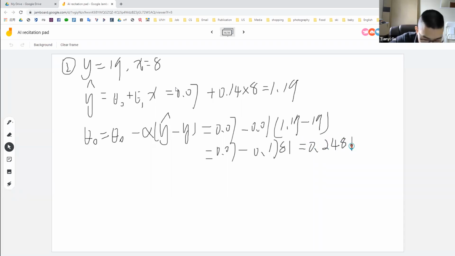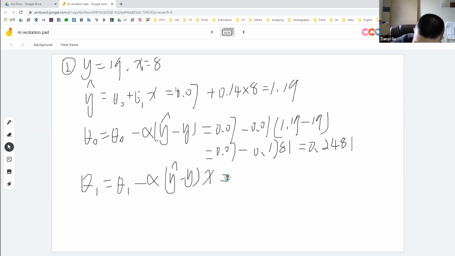This is 0.07 minus, so I already have this, 0.1781. So that is 0.2481. And then for theta 1, we do the same thing, but right now this is actually a feature. So minus alpha times y hat minus y times x, which is 0.14 minus 0.01 times 1.19 minus 19 times 8.